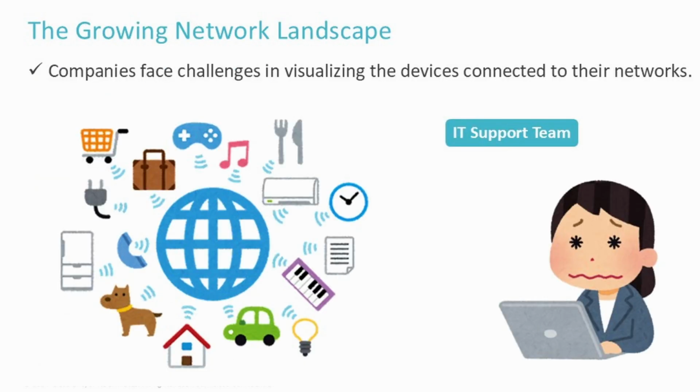In this situation, organizations face a problem. They can't identify the types of devices on their networks. This issue arises because they're unable to recognize the variety of devices connected to their network. In the past, only a few device types like PCs, servers, IP phones, and printers were connected to organizational networks, so there was no need to actively identify the types of connected devices.